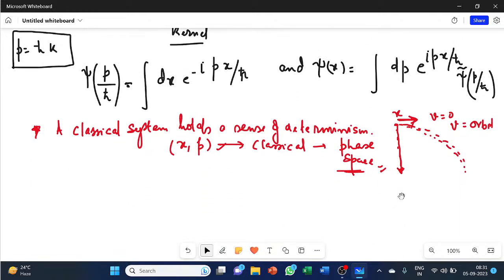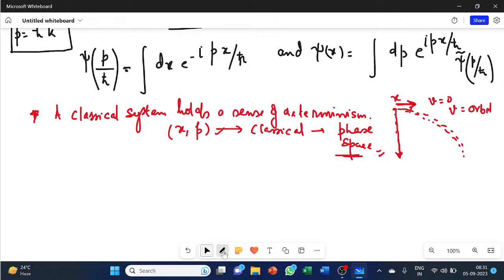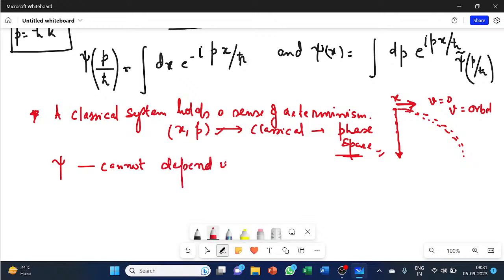Now in quantum mechanics, psi in general cannot depend upon both x and p simultaneously.